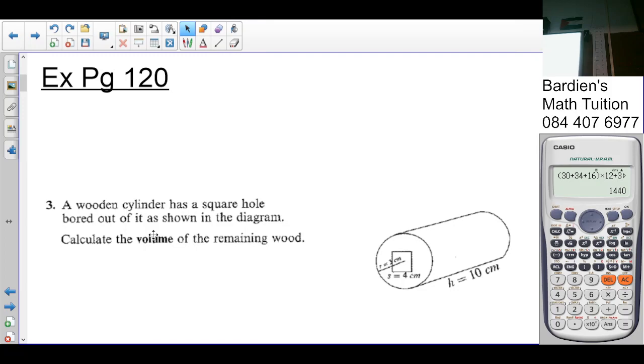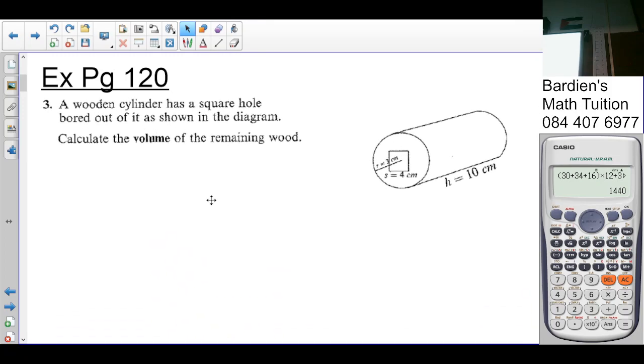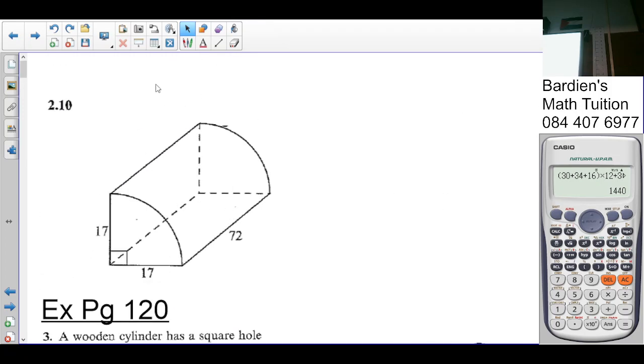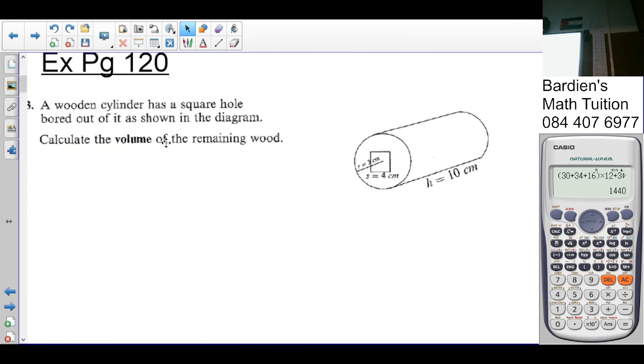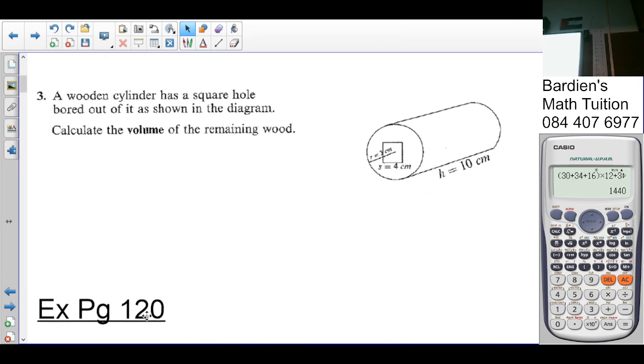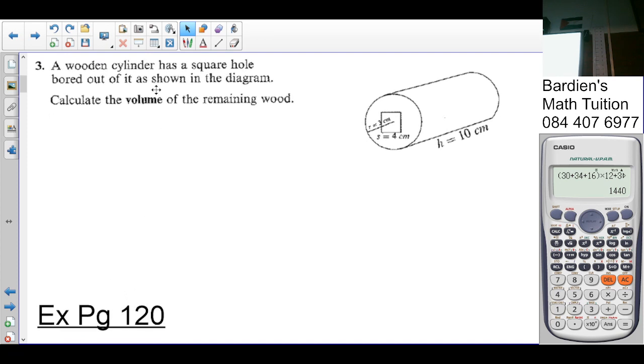Let's look at number 3. In number 3 we are told that a wooden cylinder, a round thing, has a square hole bored out of it as shown in the diagram. So in other words, it's cut out of it. Okay? Calculate the volume of the remaining wood.